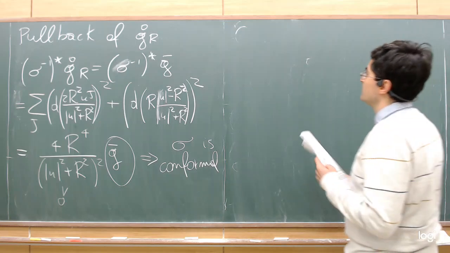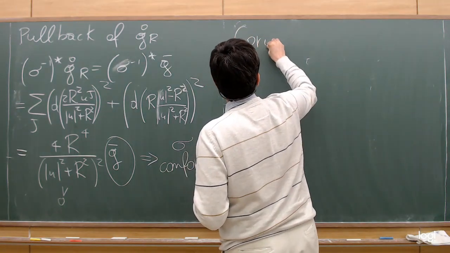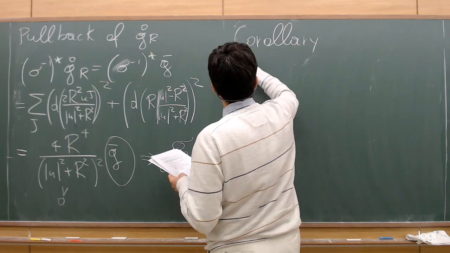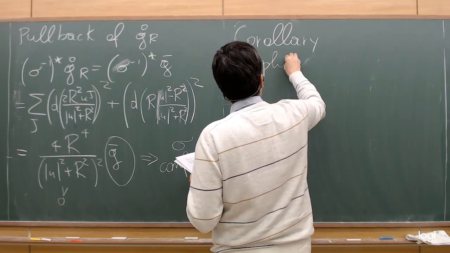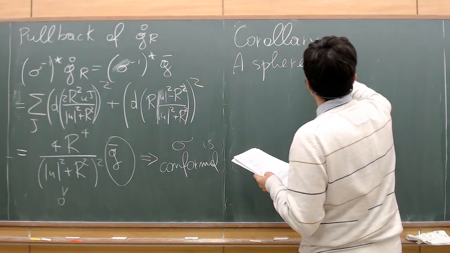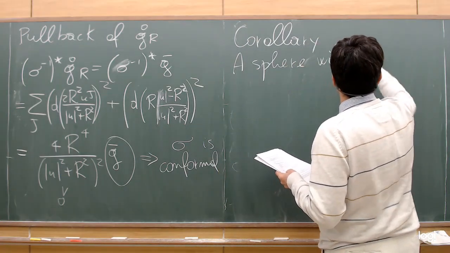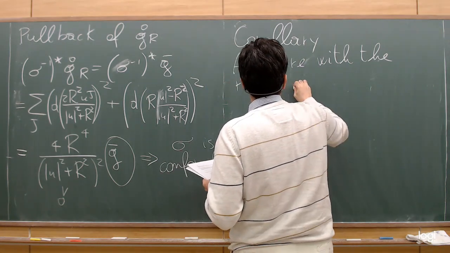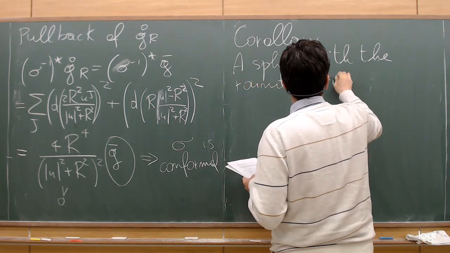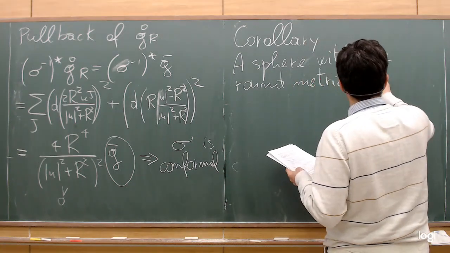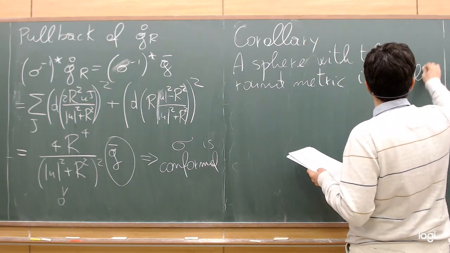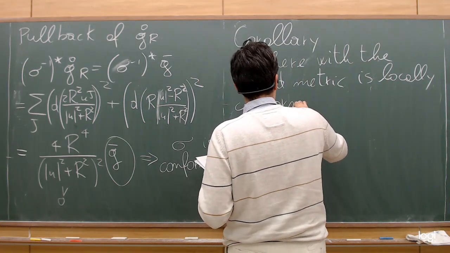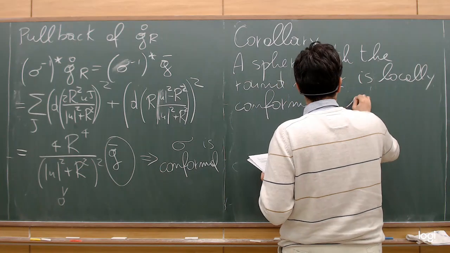It is immediate to prove that a sphere with the round metric is locally conformally flat.